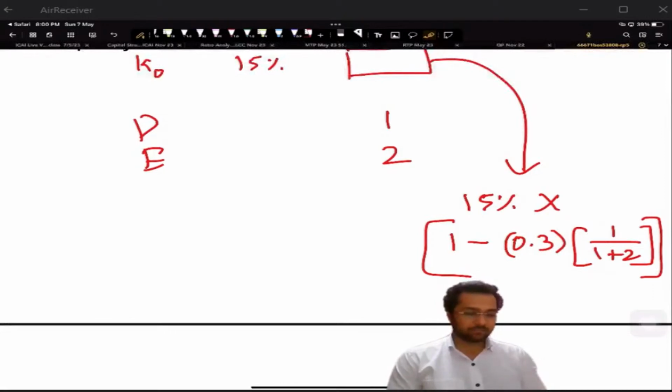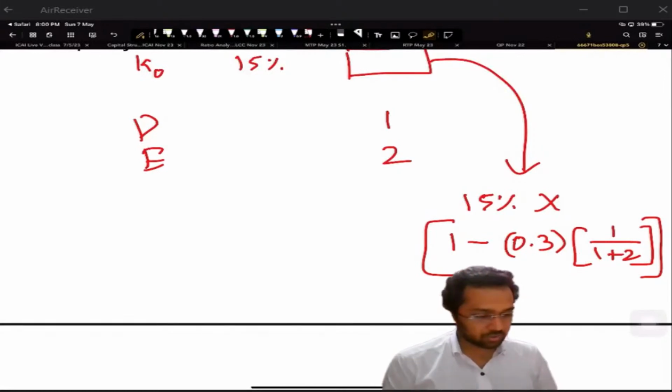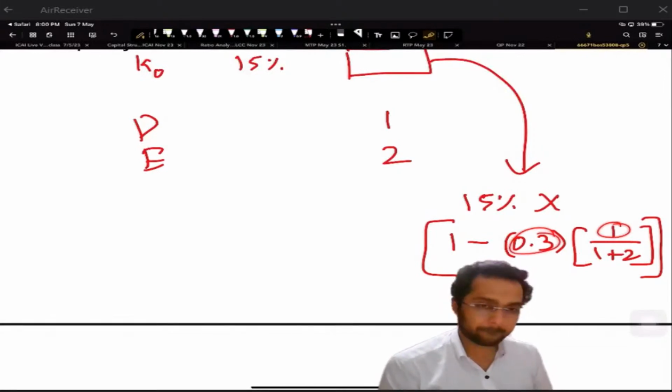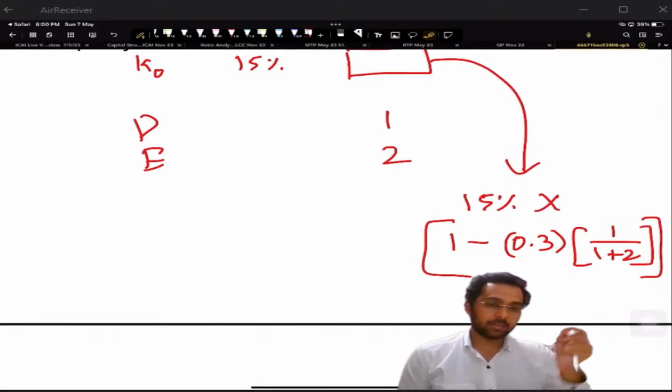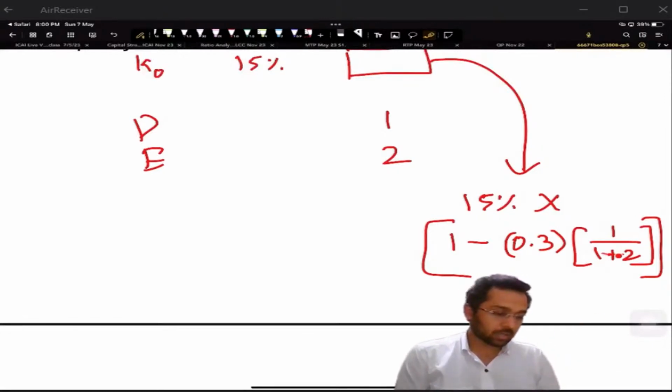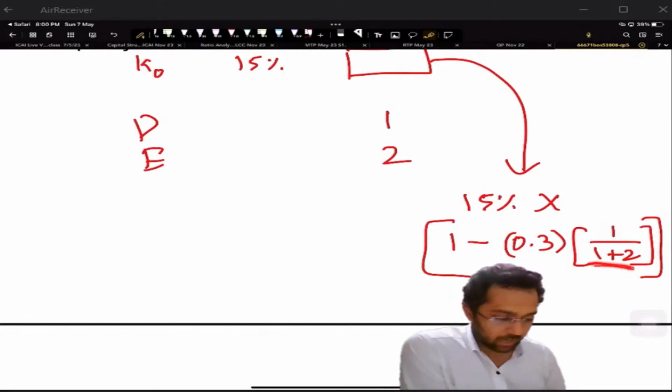You have that benefit of 0.3 due to debt, but that benefit will be shared by all the fund providers, right? So basically 0.3 into 1 is the benefit that you will have, divided by the total capital.